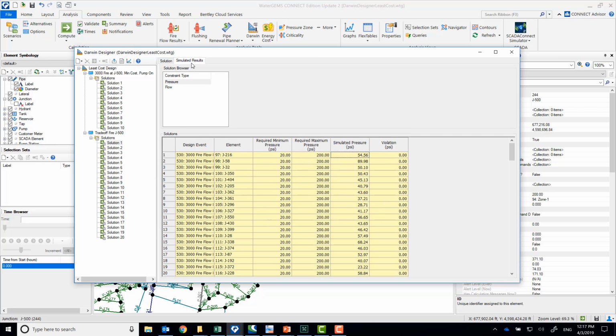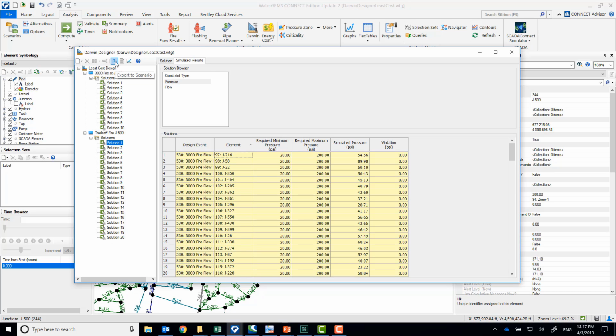So I'm going to go to the simulated result, and I'm going to sort this ascending. That sorting sometimes doesn't work. So the best way really is to export this out to the scenario and see that. So let's export those two solutions and then we can compare them outside.